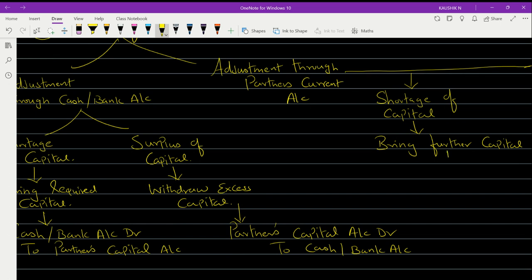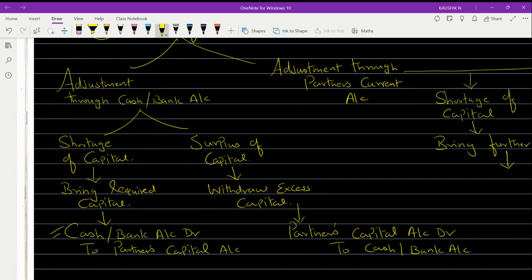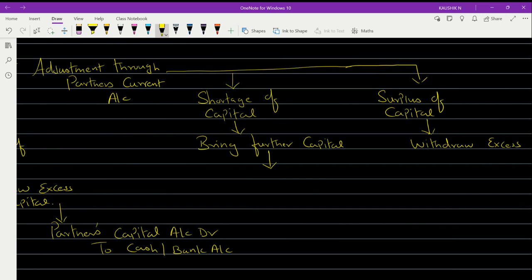The journal entry. In the earlier case you used cash or bank account. But here you're going to use partner's current account. Partner's current account will be debited to partner's capital account.